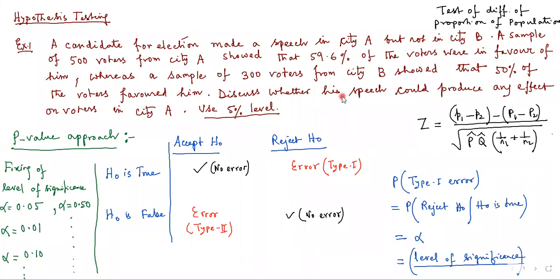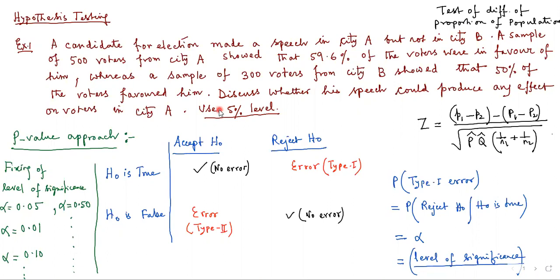I'm going to calculate the z, and then the way by which I have shown you to reject or accept the null hypothesis in the previous classes, that approach I'm going to avoid for today.